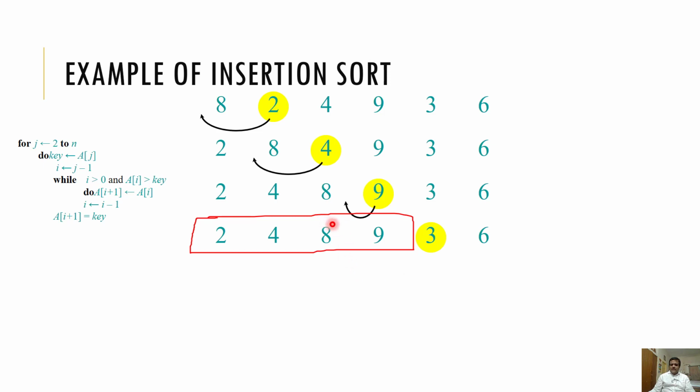Now i is decreased by 1, again we compare 8 and 3, and 3 is less than, so we copy this to here, and now i is pointing to this value 4. Again we compare the key and AI, and 4 will shift here, and then i is pointing here, i is 1. Now we compare 3 and AI, but 3 is greater than, so we are happy, we just stop the while loop and come out of it, and we insert this.